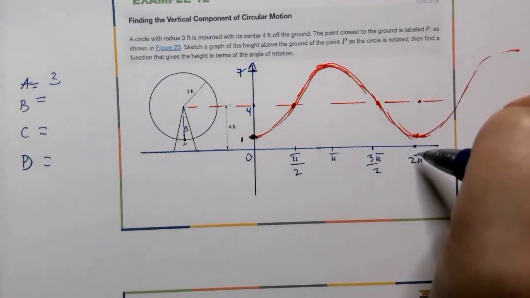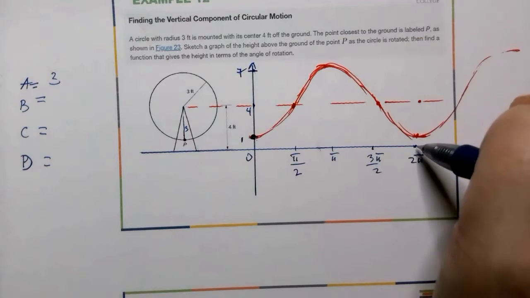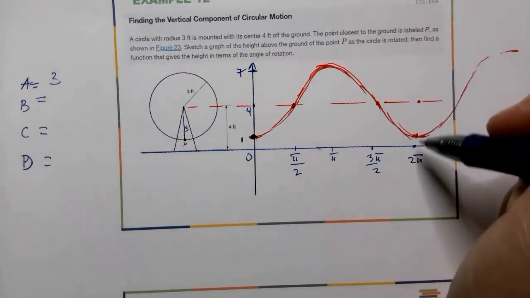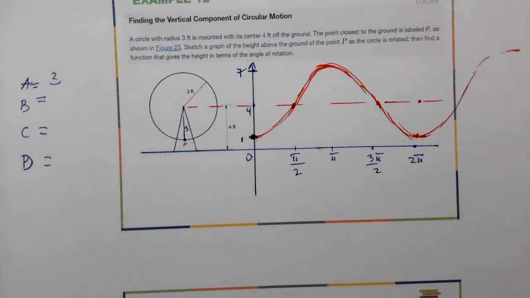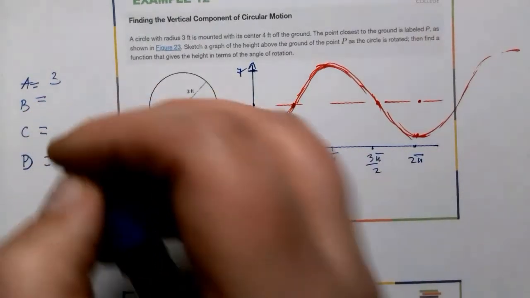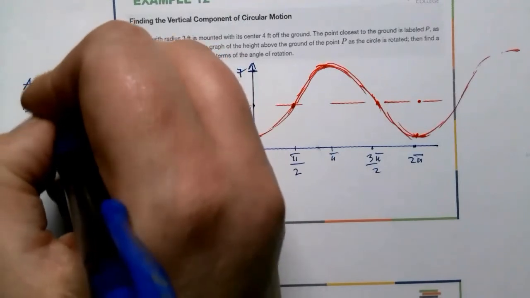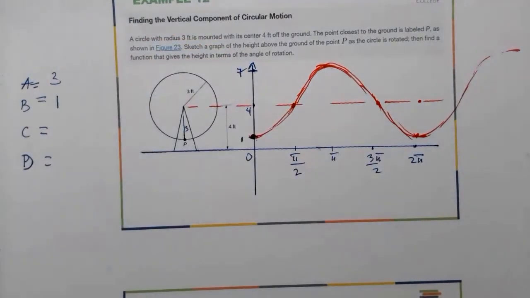The answer is no, because it makes the full rotation in the regular interval of 2 pi. So B is 1. There is no stretch or compression. C, what about the shift?